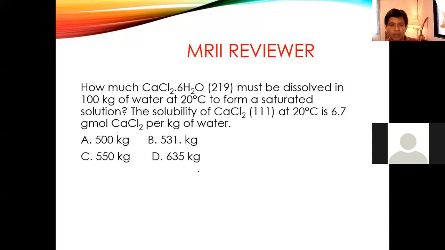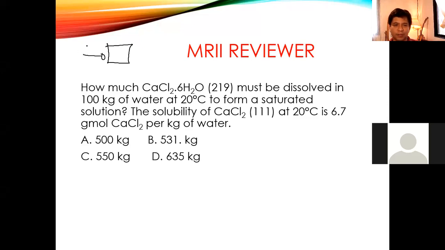The molar mass of calcium chloride is 111, and its solubility at 20 degrees Celsius is 6.7 gram moles of calcium chloride per kilogram of water. How do you do this? I always tell you to use the check out method. You might be tempted to solve this another way, but I only get the correct answer using the check out method.